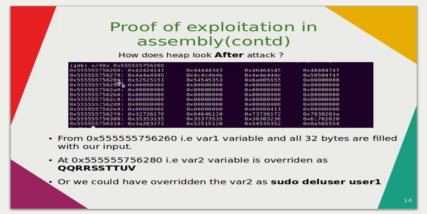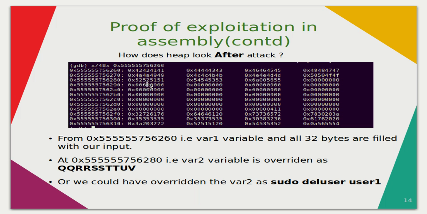The content of the memory at 6280 should be mkdir Neeraj, but here we see that the content is 51, 51, 52, 52, 53, 53, 54, 54, and so on till 55, 56, 00. That is the hexadecimal representation of QQRRSSTTUV.